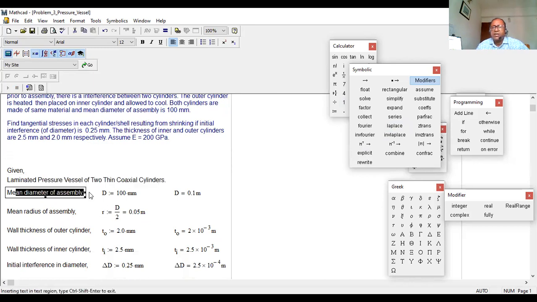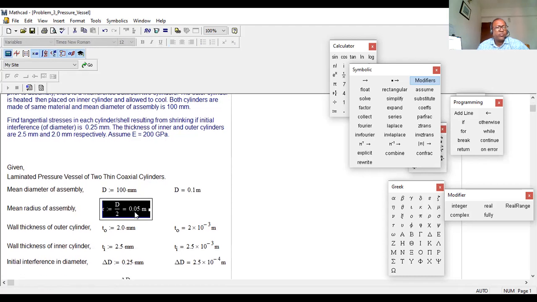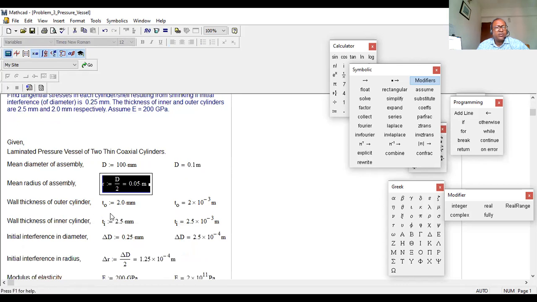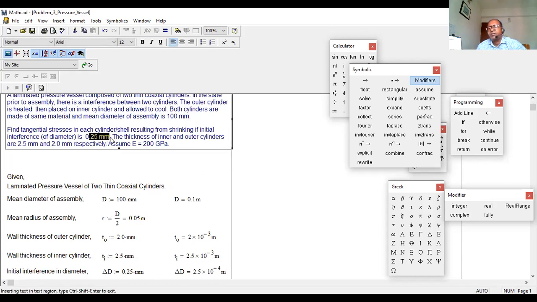Mean diameter of the assembly D equal to 100 millimeter. I convert it to meter. Then you figure out the radius, divided by 2. Wall thickness of the outer one, t naught, 2 millimeter, convert to meter. Wall thickness of the inner one is already given right over here, and it's saying diameter interference is 0.25.